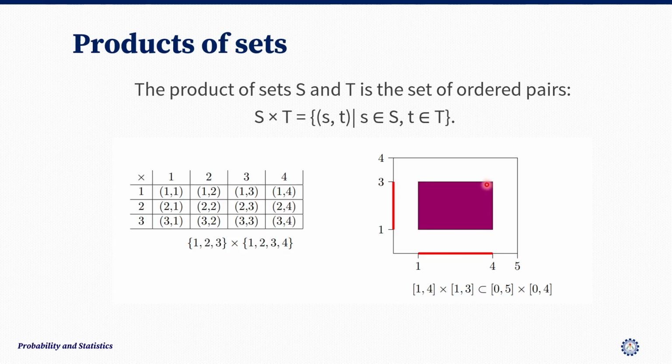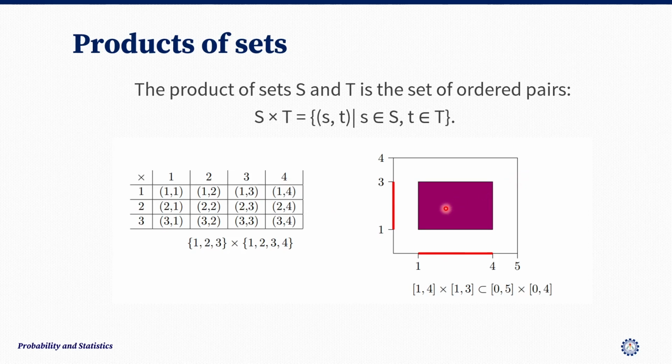As you can see, this purple rectangle denotes our product of sets. The product of 1 to 4 and 1 to 3 is a subset of 0 to 5 and 0 to 4. So that's the products of sets.